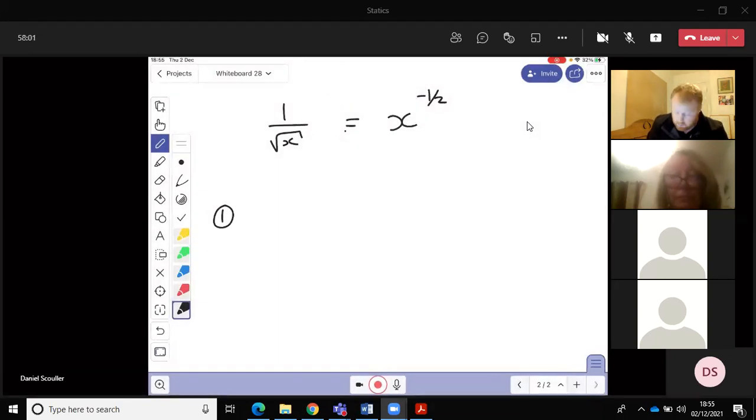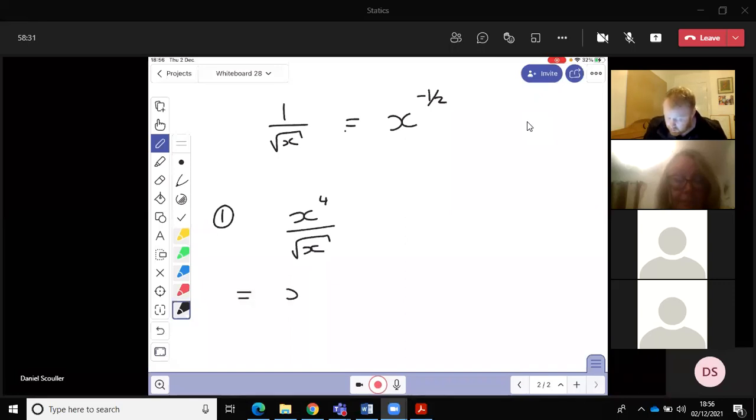If we do x to the power of 4 over root of x and have to evaluate that, what it's asking us to do is put that root up to the top line and put it in as a single x, simplifying that down.